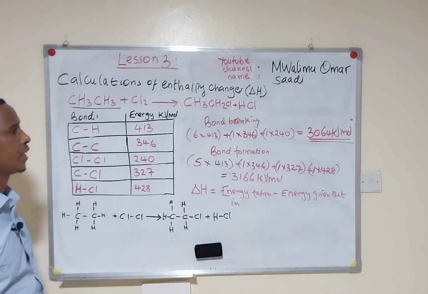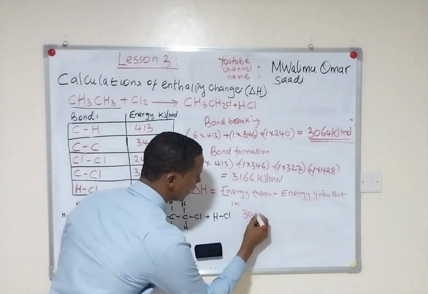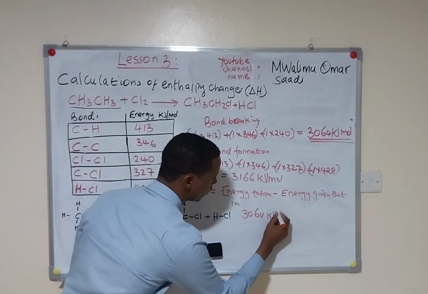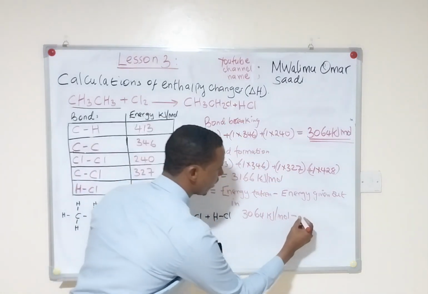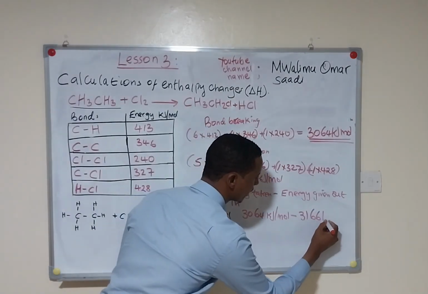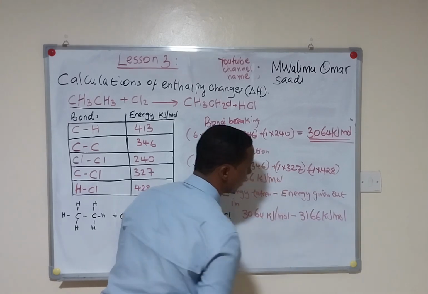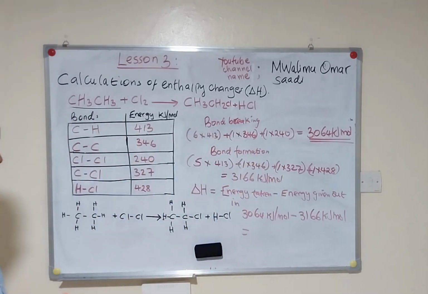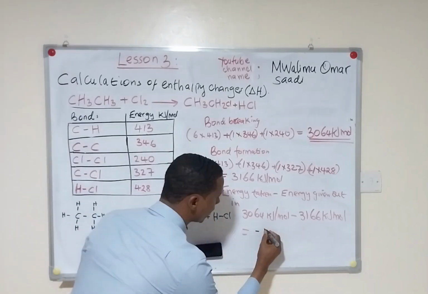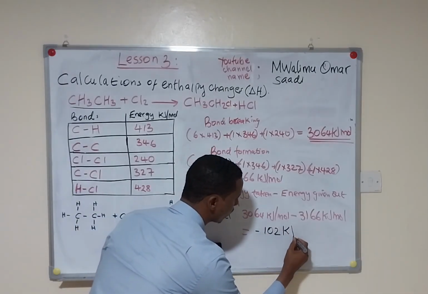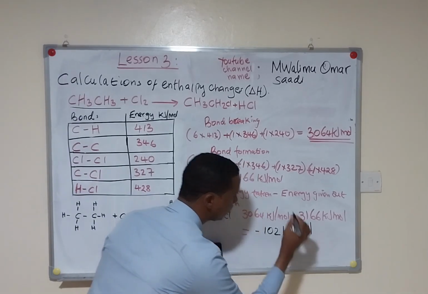The energy taken in is 3,064 kilojoules per mole minus the energy given out, which is 3,166 kilojoules per mole. So let us do that calculation: 3,064 minus 3,166. That is negative 102 kilojoules per mole.